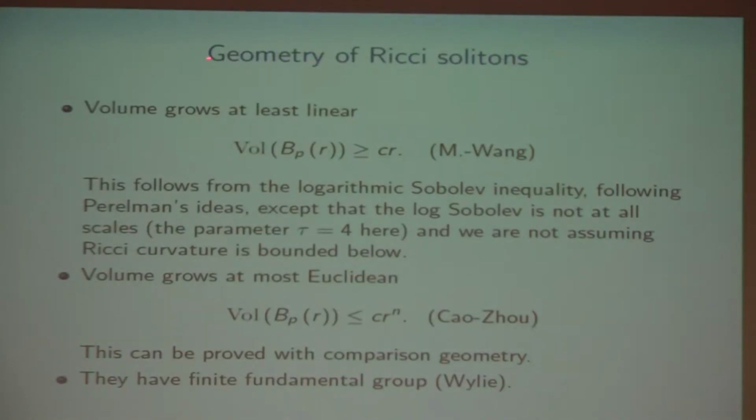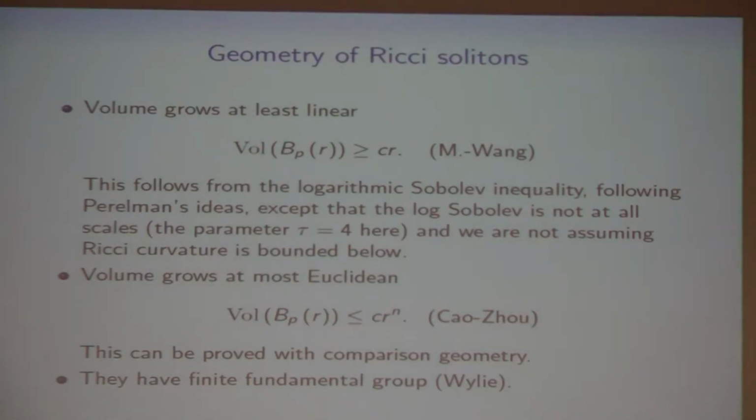Now the geometry of Ricci solitons, very quickly. Detang did a wonderful job and already talked about this, though he didn't mention the lower bound. We have a good understanding of the geometry when R is large.